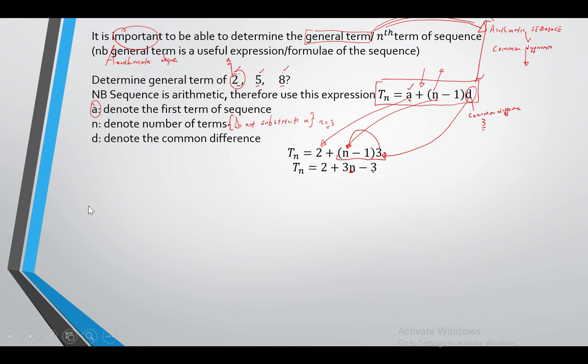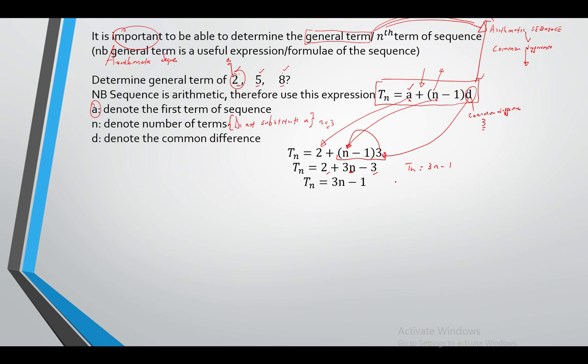We add like terms: 2 minus 3, these are numbers, so we deal with the numbers together. So the general term is 3n minus 1. Tn equals 3n minus 1 is the general term of our arithmetic sequence.